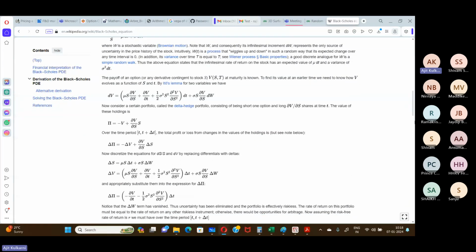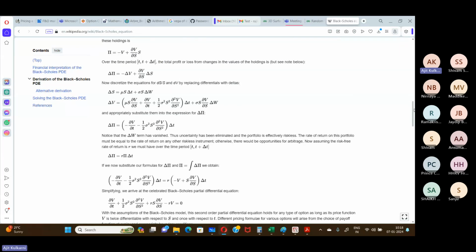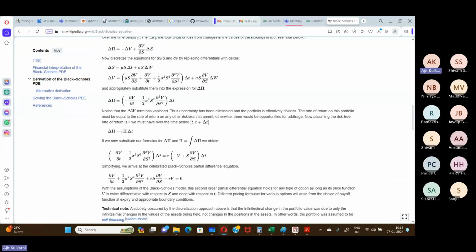And sometimes they directly take dV by dS to begin with, which is not a good place to start, because then you don't get why we start with that, right? And hence to avoid that, we actually went through the process of finding what should be that delta so that your Wiener process gets weeded out, okay?